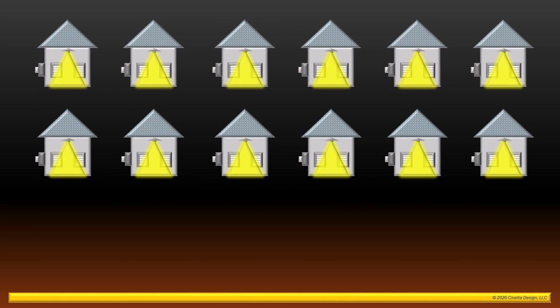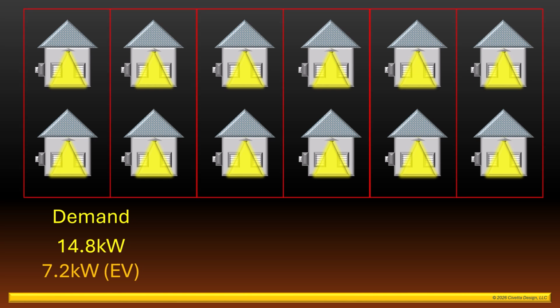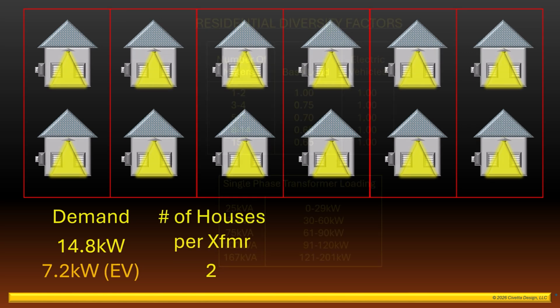So our demand for each home is 14.8 kilowatts base load, plus an additional 7.2 kilowatts for the EV charging. If we decide to install 1 transformer for every 2 homes, we would group them something like this. Our number of houses per transformer would then be 2.